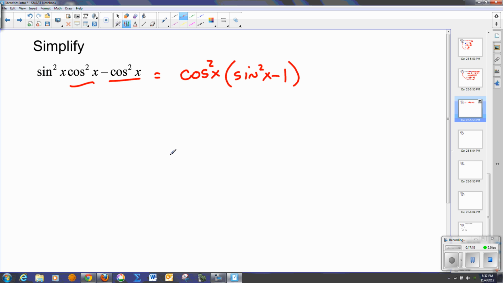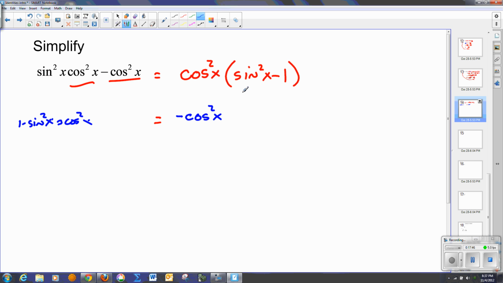Now, here's something I know, and I'll do this in another color so we don't get confused. I know 1 minus sine squared equals cosine squared. That's a Pythagorean identity. I almost have that right here. So if I was to pull a negative 1 out of this, I'd have negative cosine squared of x.